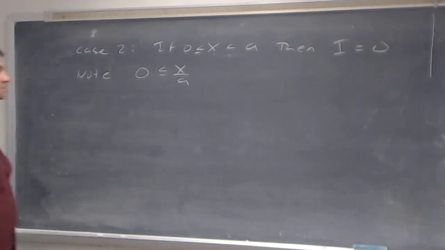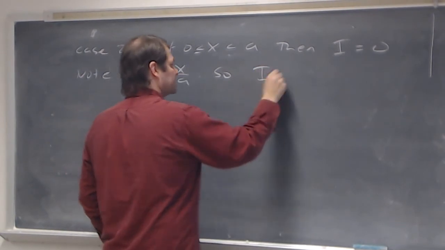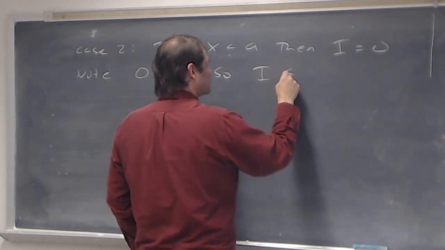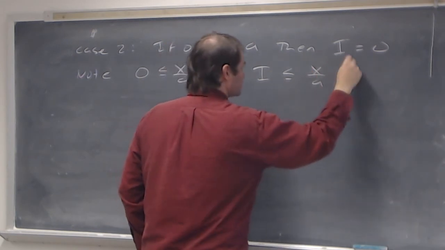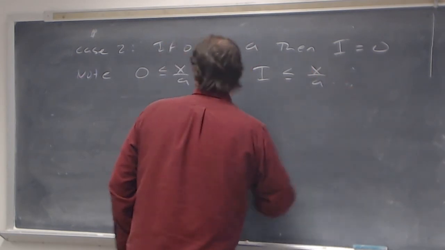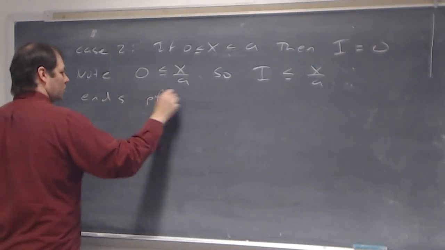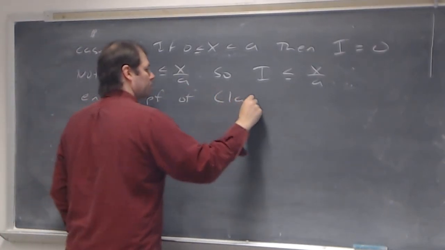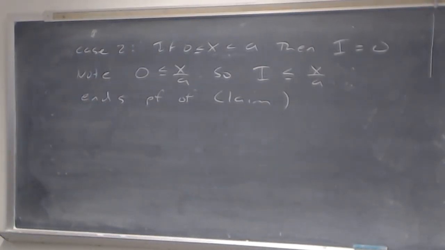So in this case, I is less than or equal to x over a. So it's true in all cases. That ends the proof of the claim, that is, we know that I is always less than or equal to x over a.